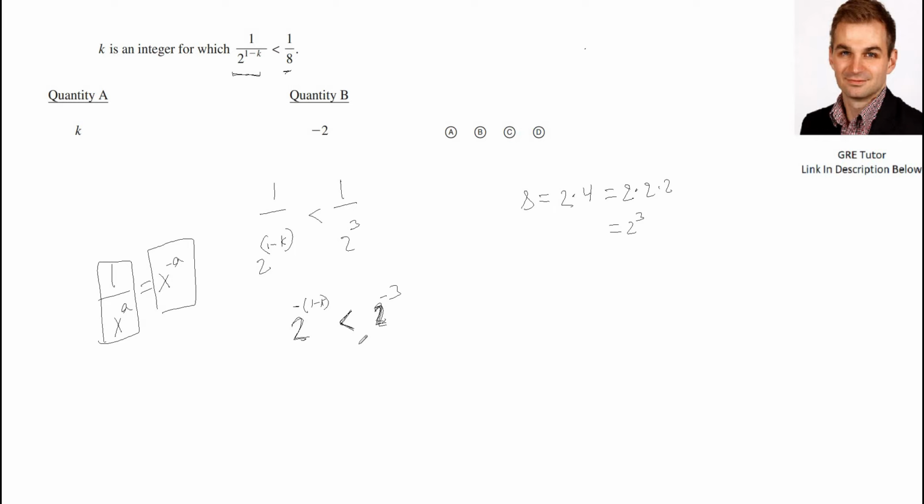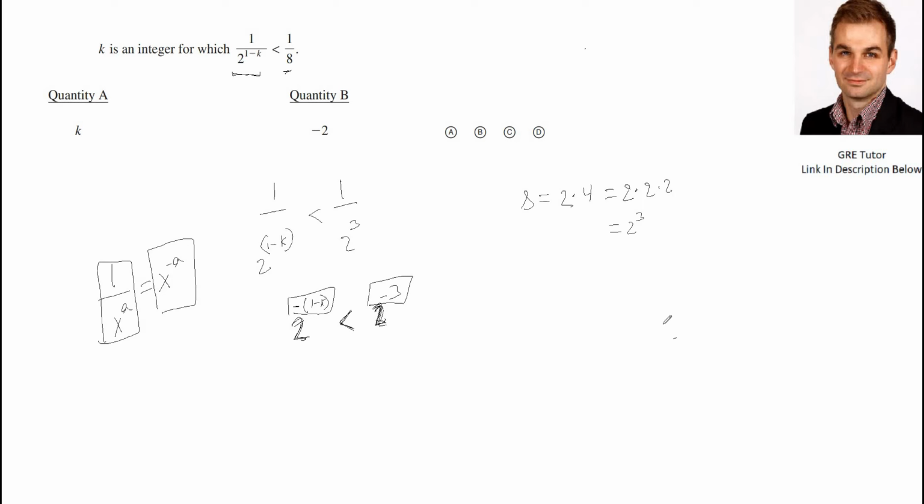Now how can this work? The only way this can work is if this right here is less than this right here. The only way this number can be smaller than this number is if the exponent you're raising it to creates a smaller number than the exponent you're raising the other to, because the bases are the same.